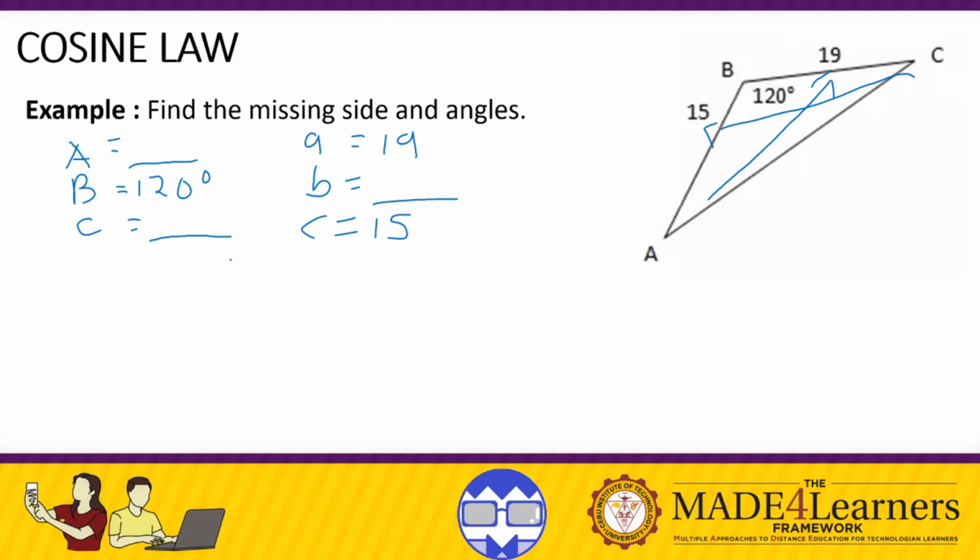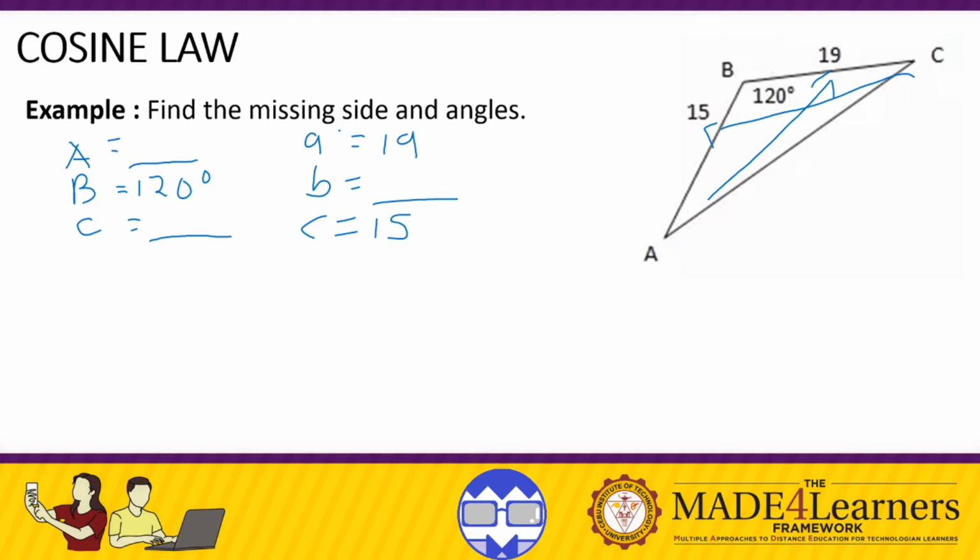First we try to look for what we can find. We don't have B, so let's look for side B first. Why side B?